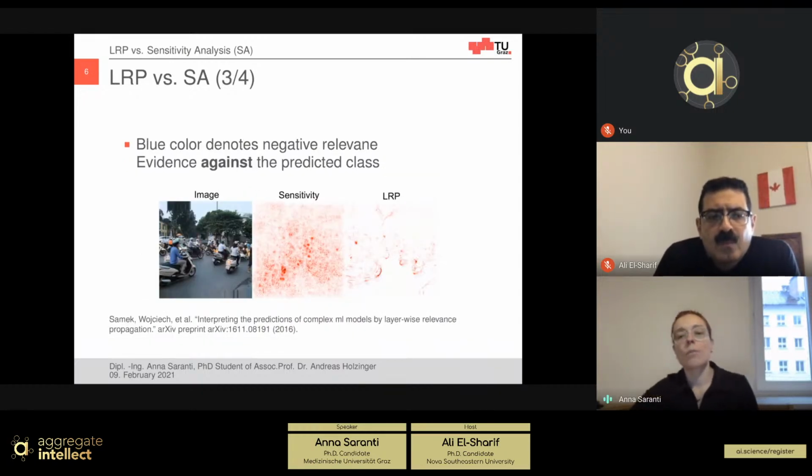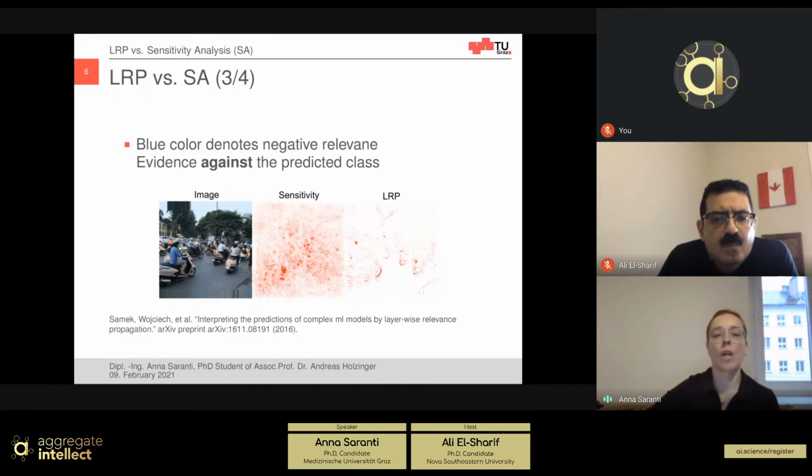So let's see the result of the heat maps in those two cases. We have an input image and we have also a classification. We see how scattered the sensitivity analysis heat maps look and how the LRP heat maps look. The LRP heat maps look a little bit more concentrated on particular characteristics of the input image that played a higher role in a particular prediction.